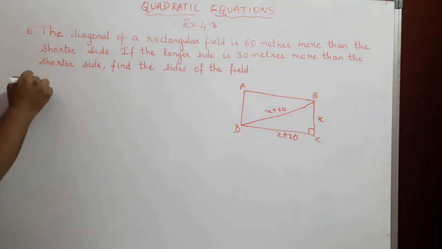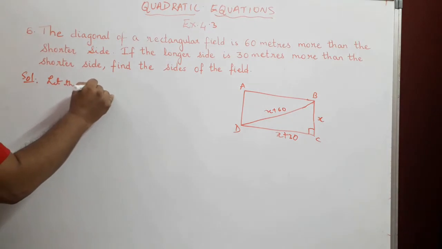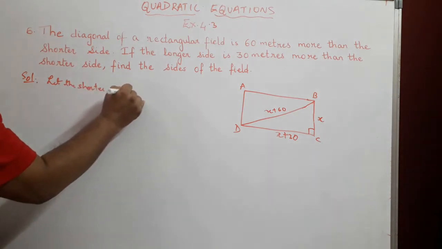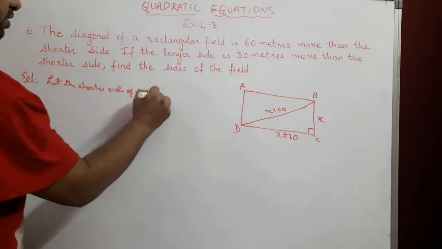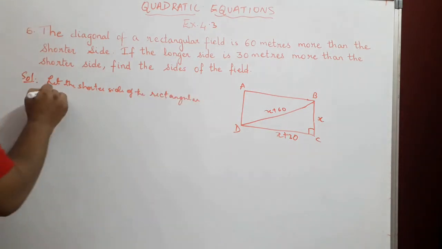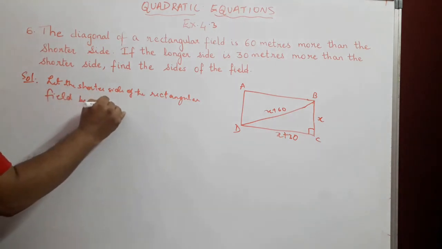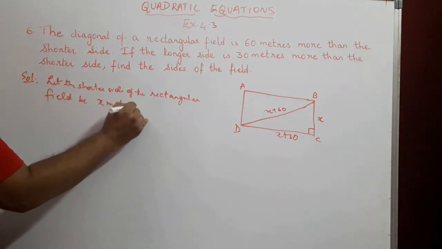So we write the solution. Let the shorter side of the rectangular field be X meters.